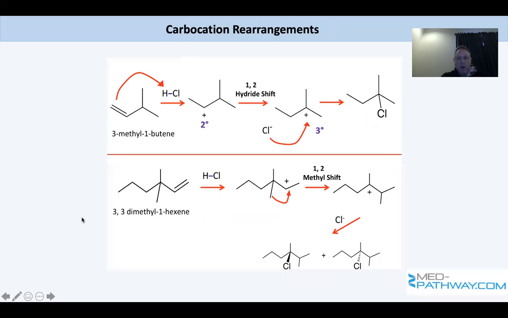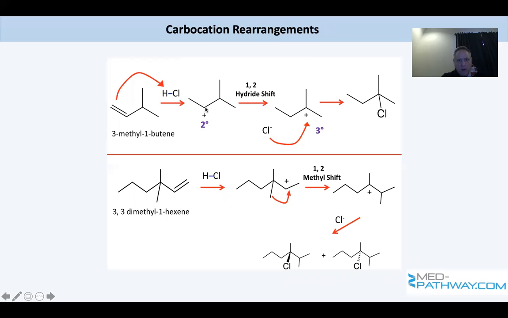So we can generate carbocation rearrangements, which are another twist to these reactions. We know that electrophilic addition to alkenes involves carbocation intermediates. If we take 3-methyl-1-butene and react it with hydrochloric acid, we get a secondary carbocation formed here.